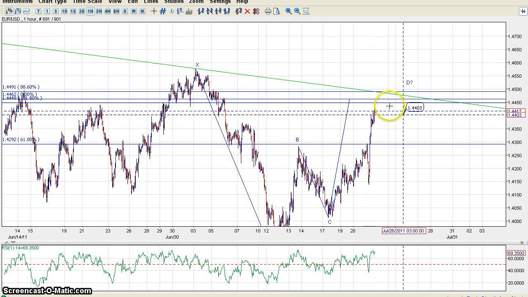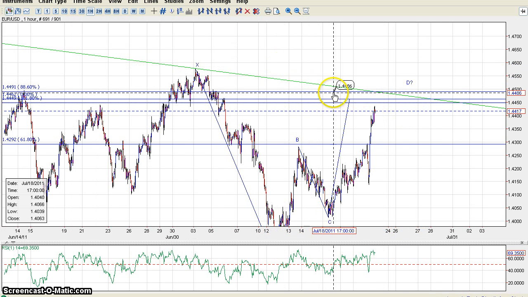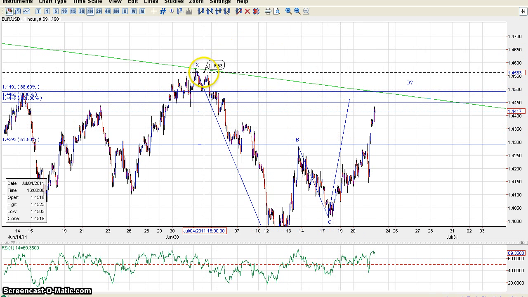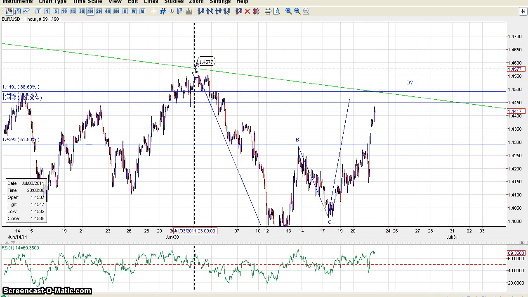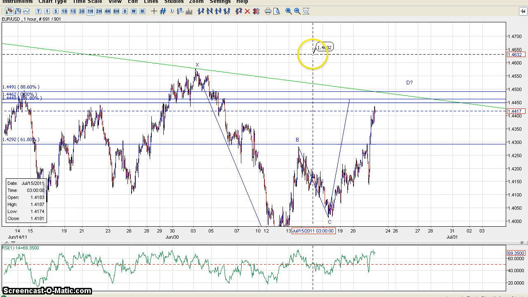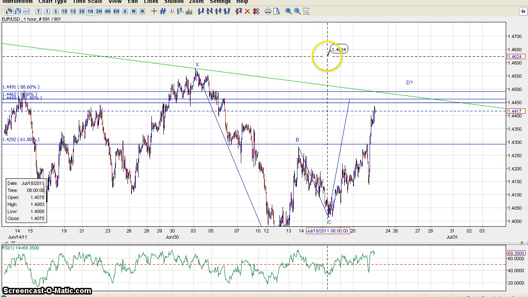In terms of stop loss, this trade setup will be invalidated when price closes above this point X, which is 1.4577. So if you have an hourly, maybe 2 or 3 hourly or daily candles closing above this pattern, then this trade will be invalidated.